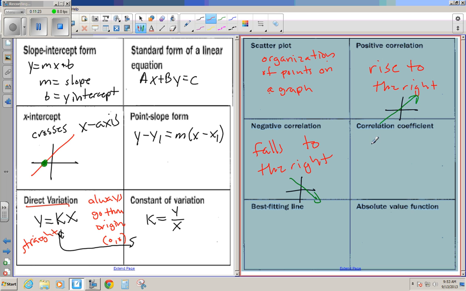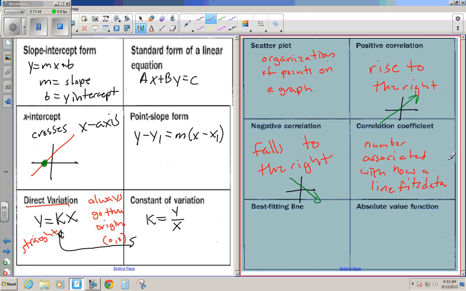Correlation coefficient is a number associated with how a line fits some data.